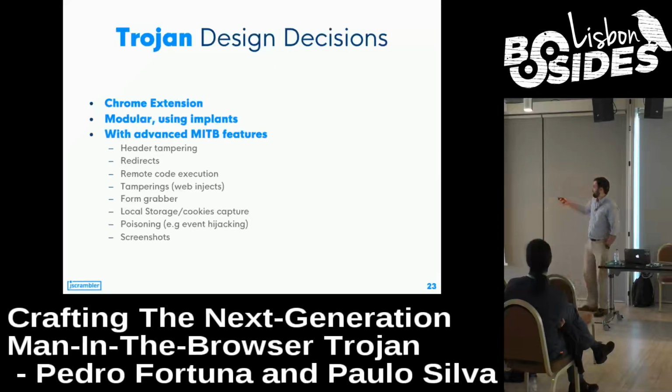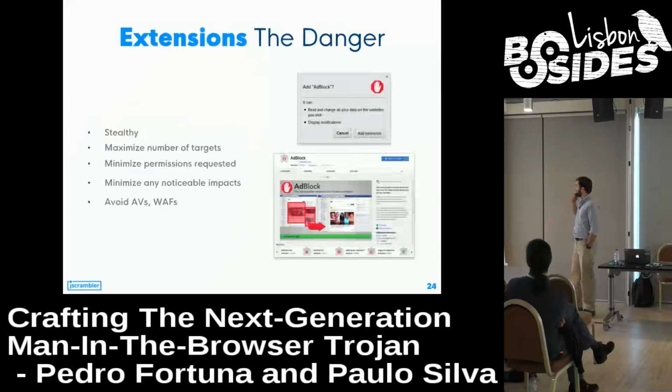So, of course, our goals were to tamper with headers because we want to break the standards. But we also want to implement all the major features we saw on the Man in the Browser Trojans. And so, I would say that our biggest requirement would be to have a stealthy extension, in this case, a Chrome extension.